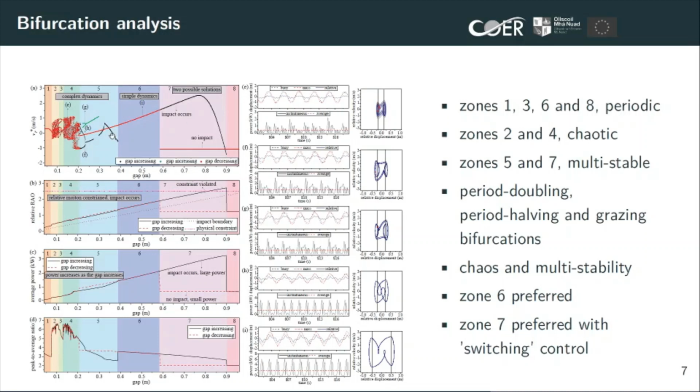In zones 5 and 7, we can see there exist multiple solutions on multiple orbits. For the value here, there exist 3 possibilities, shown here. As G increases or decreases, some typical bifurcations can be observed.